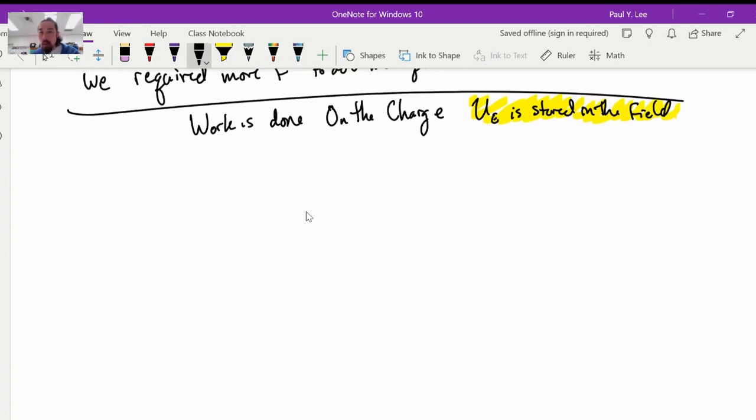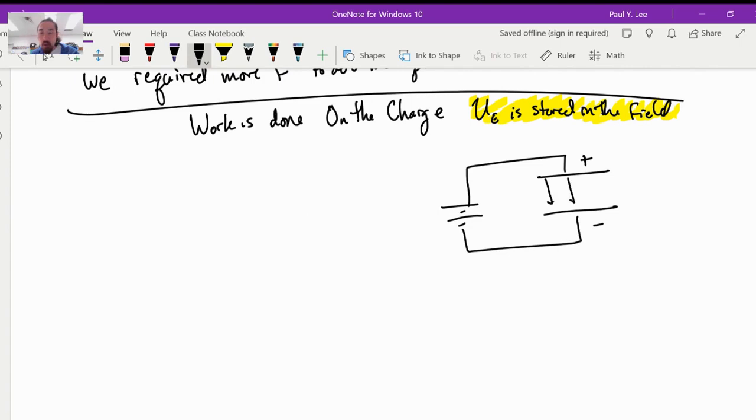If we take a look at the highlighted portion as to why this is so important, we can look at a quick sketch of a capacitor. If we have an EMF source and a capacitor like so, we know that this side will become positive and this side will become negative. In the beginning, there are not a lot of charges, so the field is pretty weak. Less charges means a smaller E field.